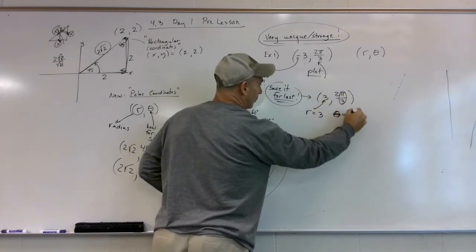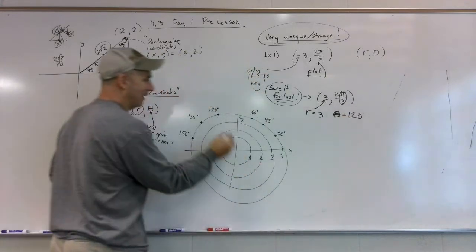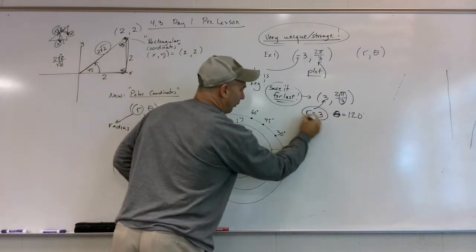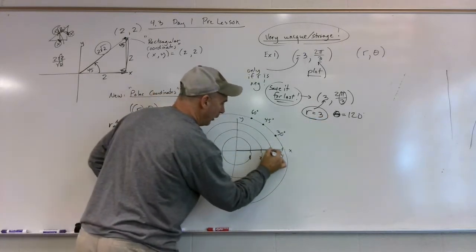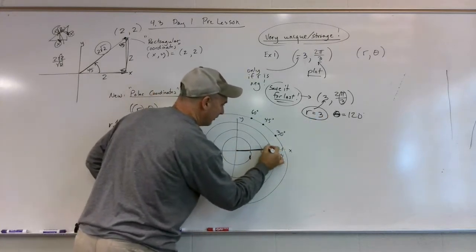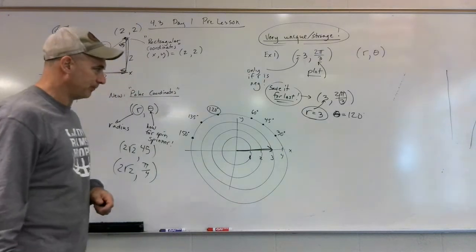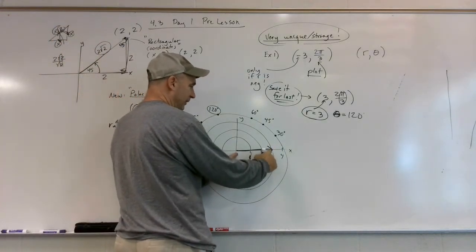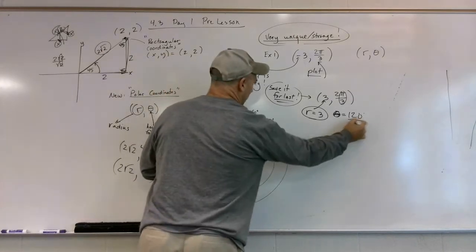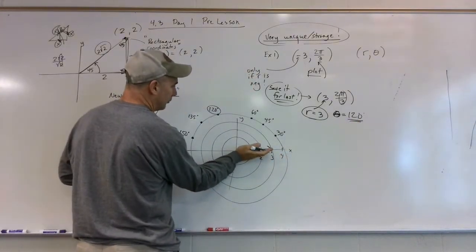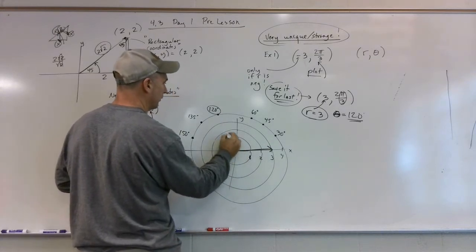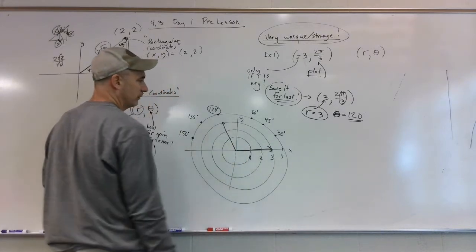What's 60 times 2? 120. So I have uniquely got that ready for you. So my spinner is 3 units long. You see, that's what this bullseye sort of thing is, like an archery target. So there's the length of our spinner, our radius, our vector. But it's saying, hey, spin it 120 and stop.